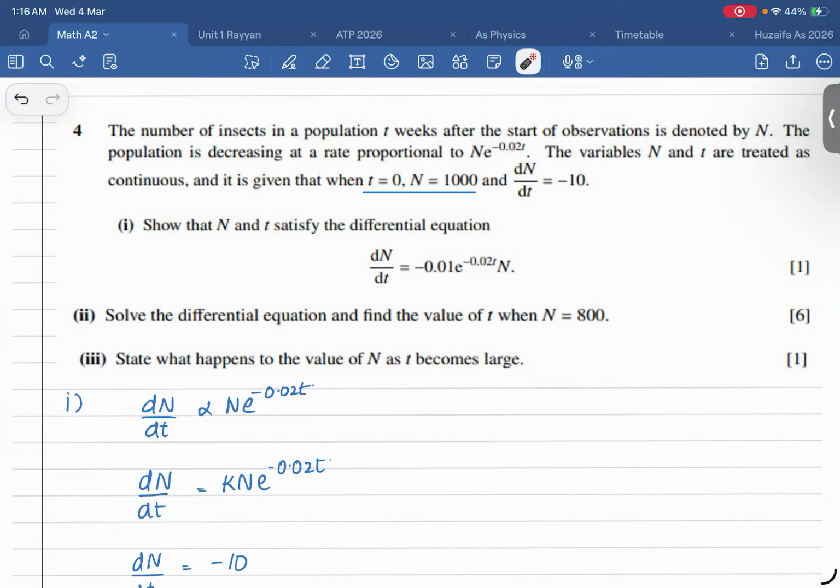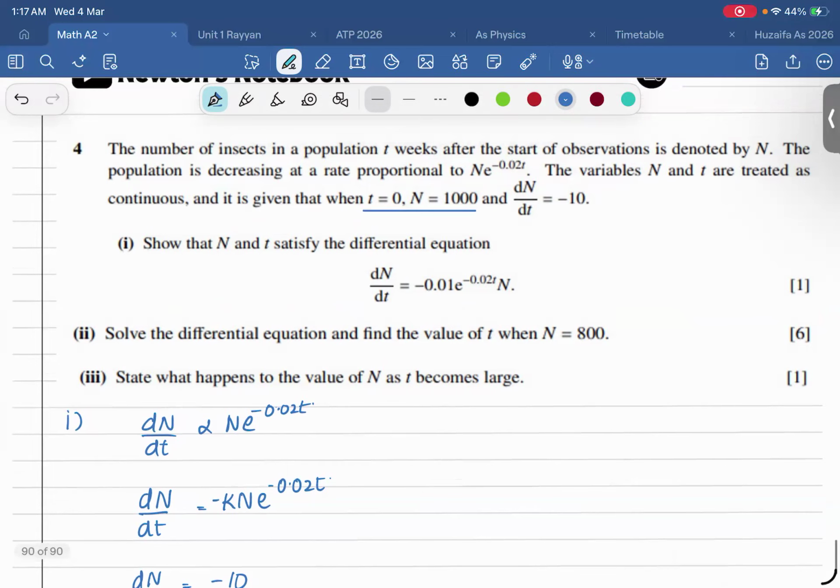So it's minus k N e, right? Minus, yes, over here. I solved this question and I got this exact equation, so that is negative k N e to the power negative 0.02t.